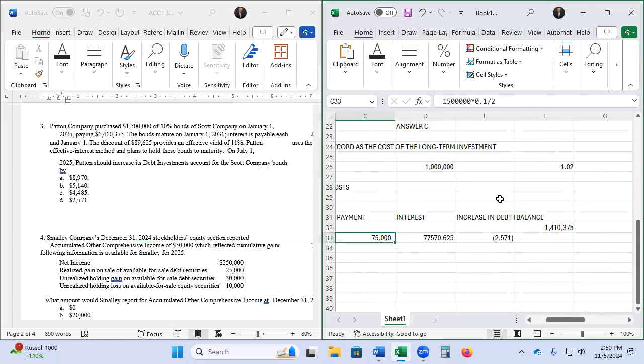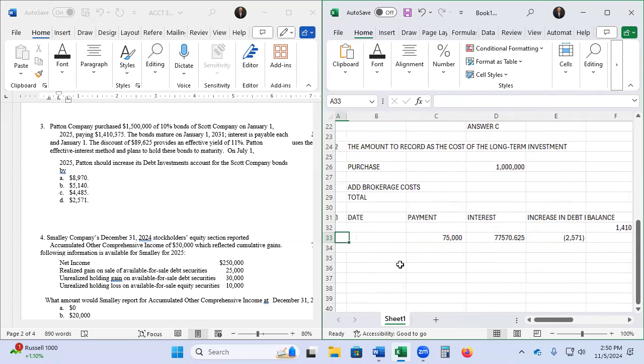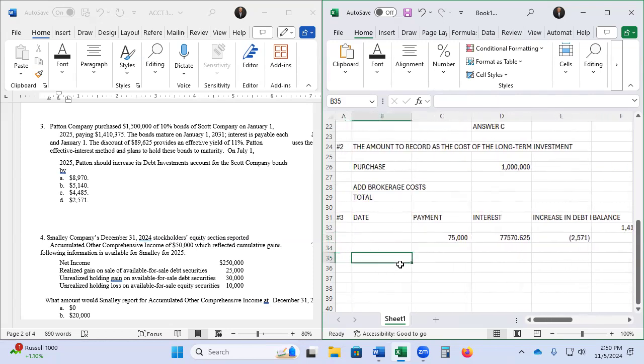All right, so what we have here to calculate the payment amount, we take the 1.5 million face value, we multiply it by 0.11 divided by 2.